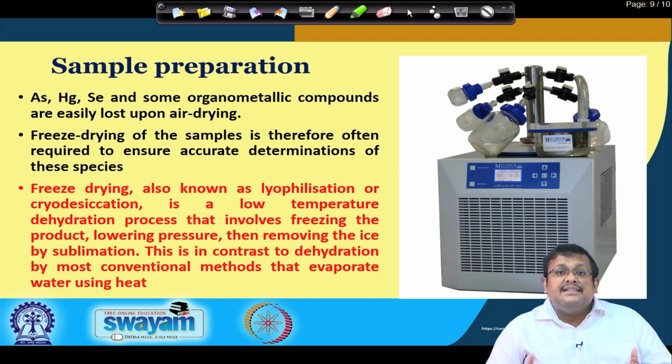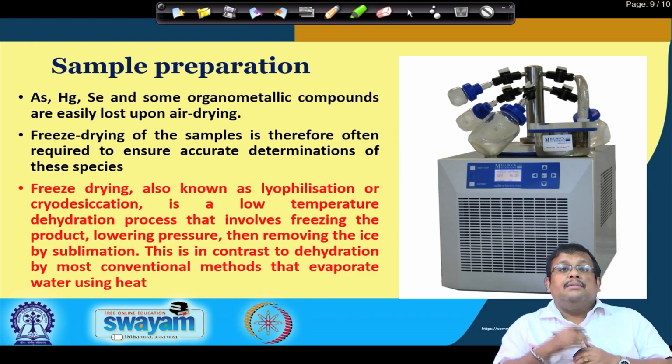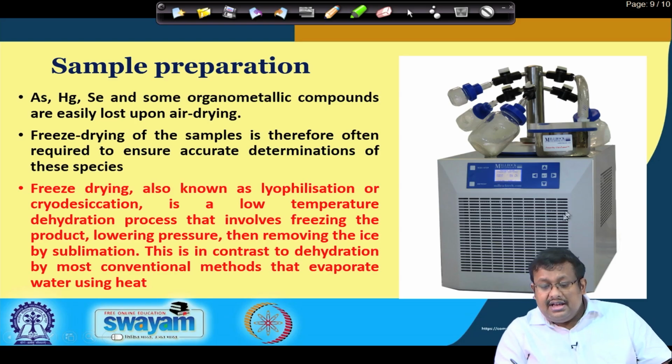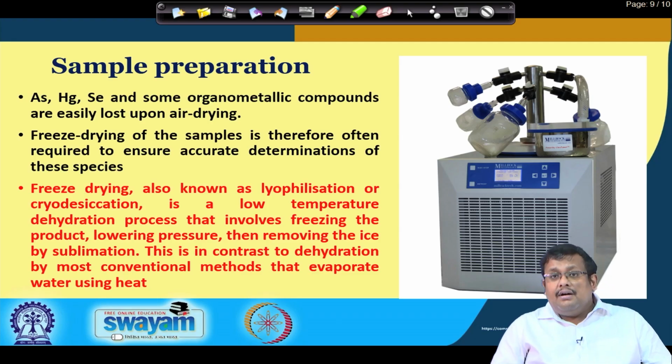This is in contrast to dehydration by most conventional methods that evaporate water using heat. So, here we remove the moisture by removing the ice by the sublimation process, and this is an example of a freeze dryer which is used to freeze dry different materials.